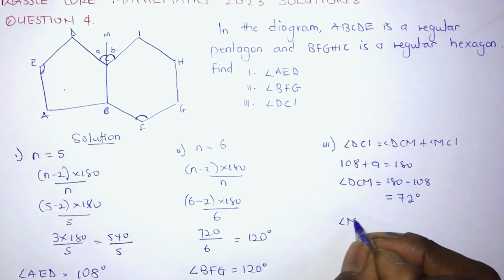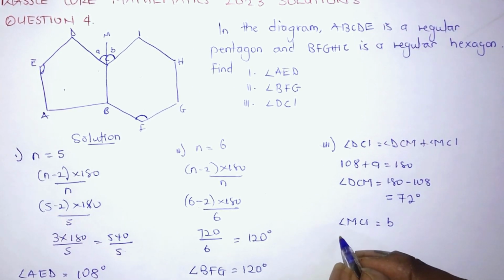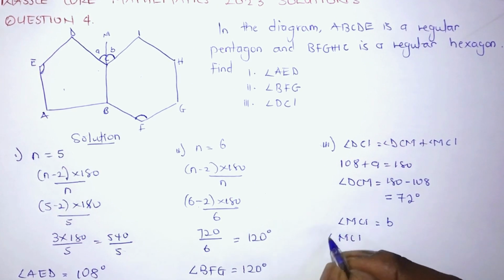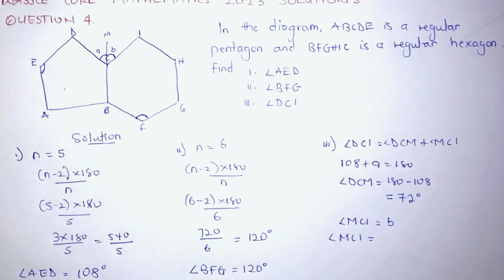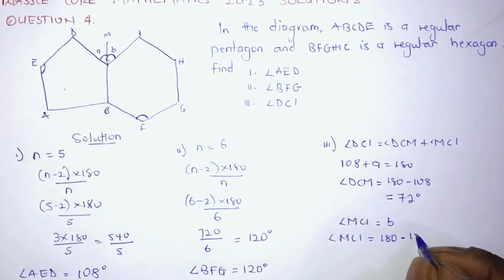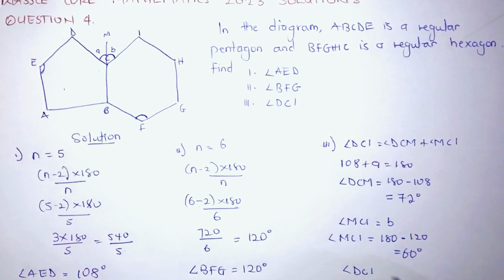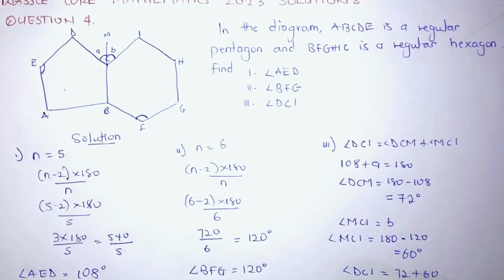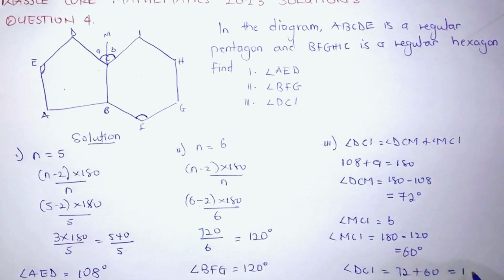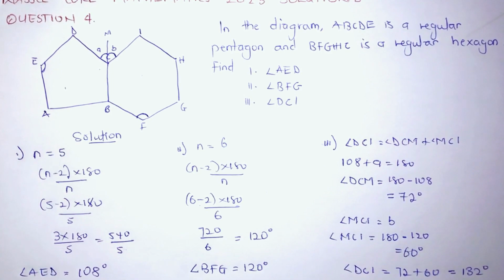And the other angle, MCI, is equal to b. And we can say that angle MCI is equal to 180 minus the 120. And that gives us 60 degrees. So finally, we can say that angle DCI is equal to 72 plus the 60. And that is 132 degrees. And that answers question 4.